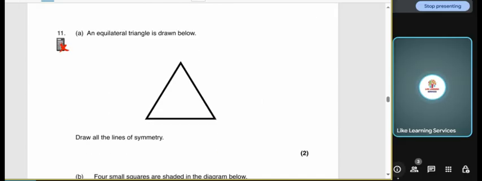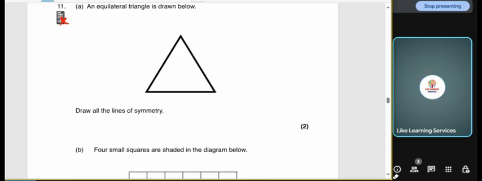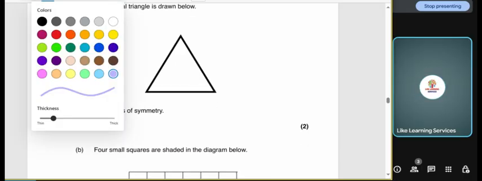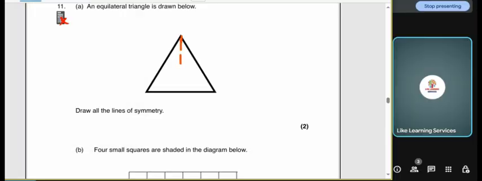How many lines of symmetry does an equilateral triangle have? 3.